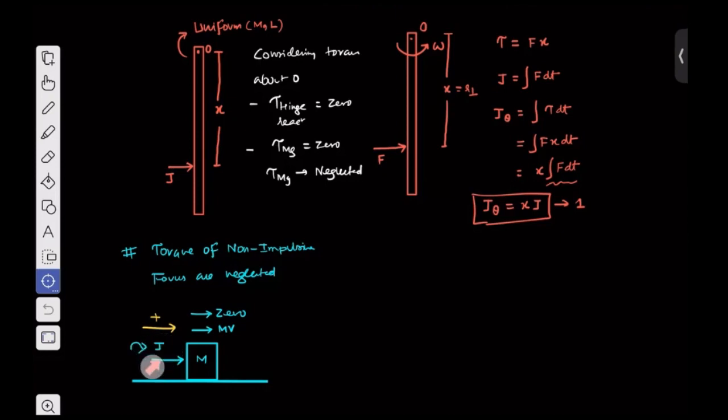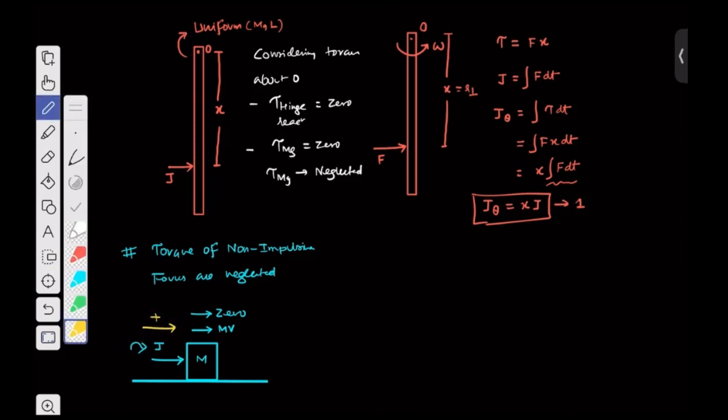So we took the direction of the impulse as positive. And here we have torque acting because of only one force F. So we have the angular impulse only because of the torque of this force. So whatever is the direction of the impulsive torque, like whatever is the direction of the impulsive force, the same is considered as the positive direction.